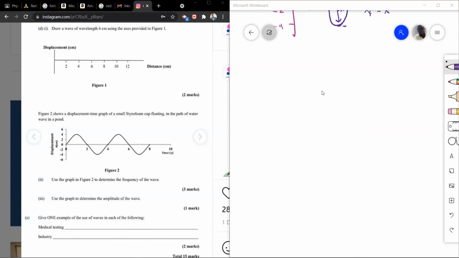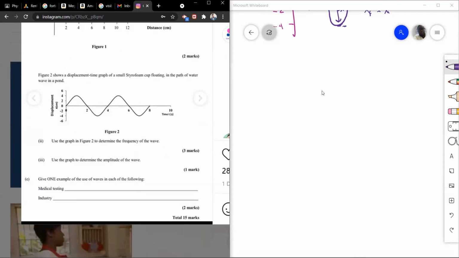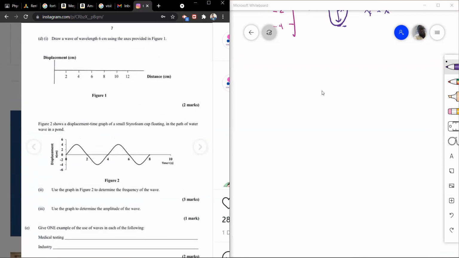Yes. Cancer treatment, yes. Thyroid cancer. Oh wait, sorry. Give one example of the use of waves in each of the following. So for medical testing, okay, X-rays, thyroid cancer, whatever it is, diagnostic imaging.